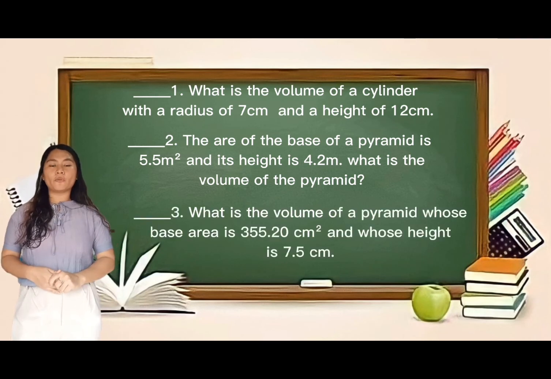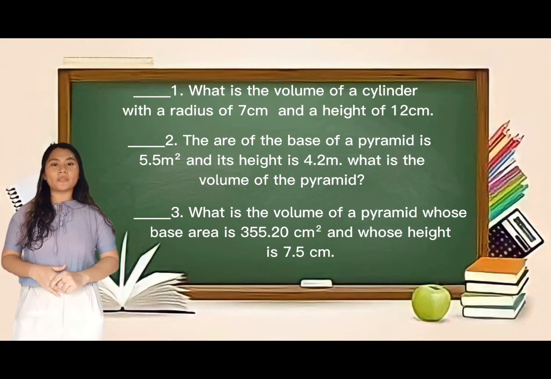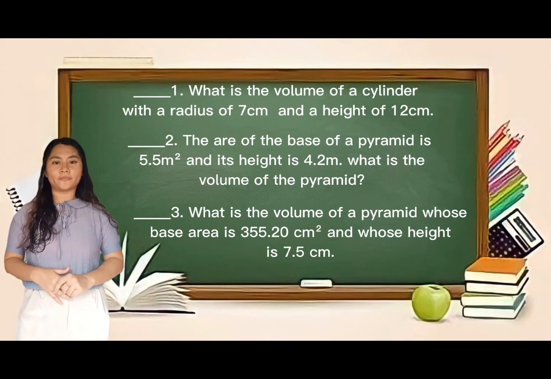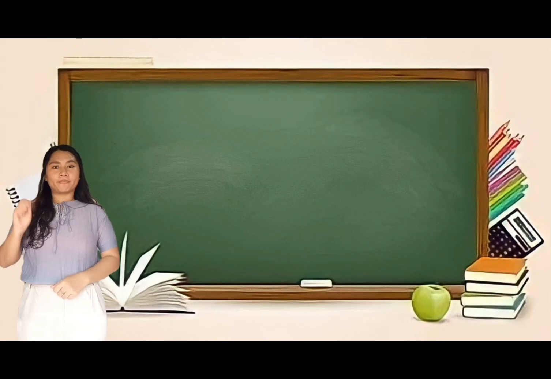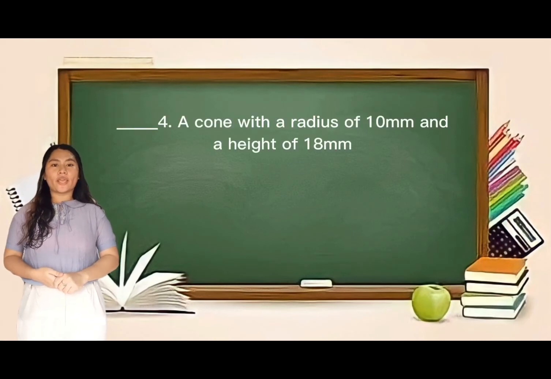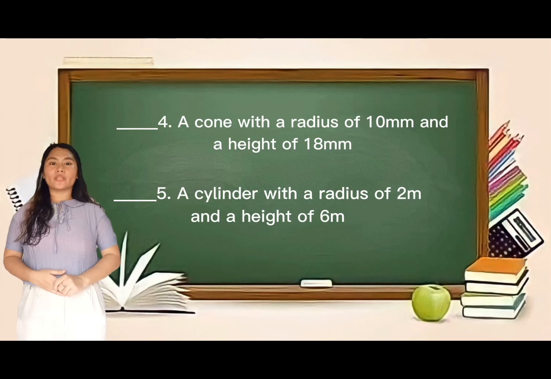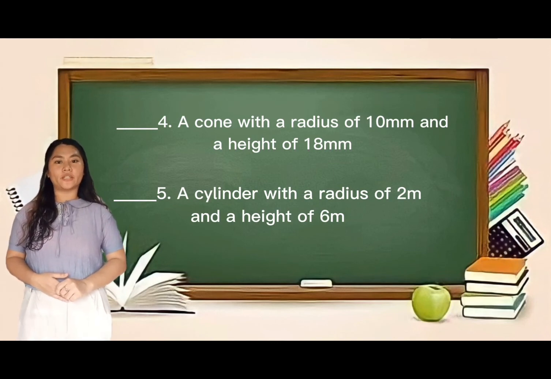What is the volume of a pyramid whose base area is 355.20 centimeters squared and whose height is 7.5 centimeters? For number 4, a cone with a radius of 10 millimeters and a height of 18 millimeters. Number 5, a cylinder with a radius of 2 meters and a height of 6 meters.